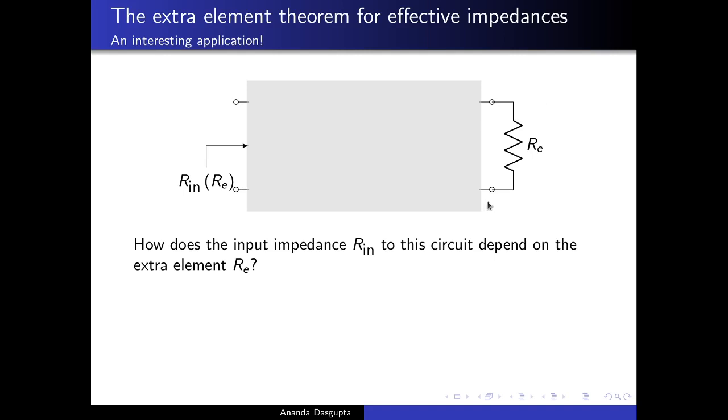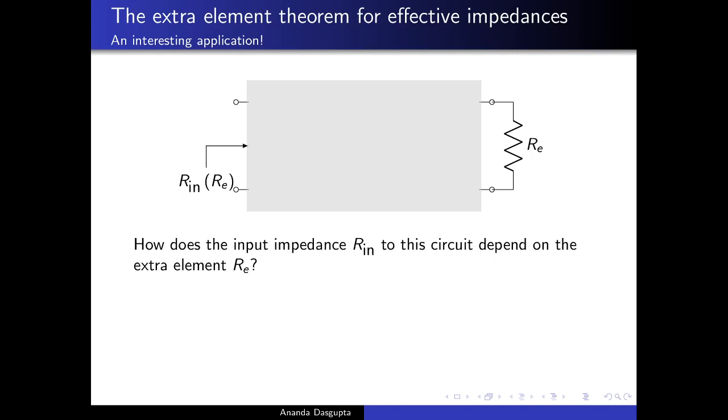When I say extra, I don't mean it's not in the circuit. It is in the circuit, but for the purpose of analysis, we imagine that we have detached it, and later on we are going to put it back as the extra element. So we want to find out the effective impedance Rin as a function of this extra resistance, Re.